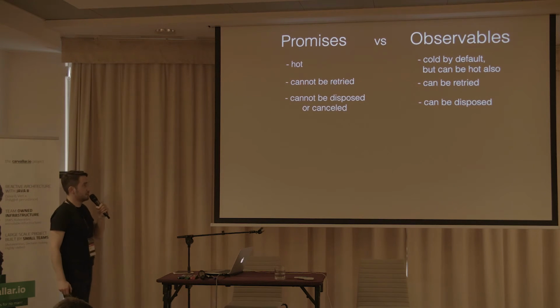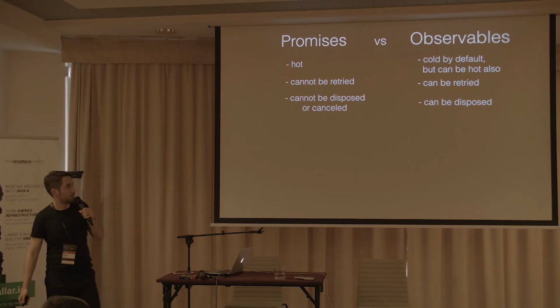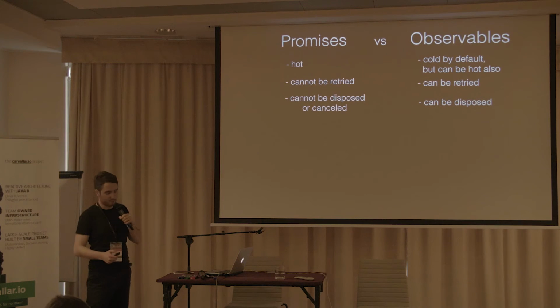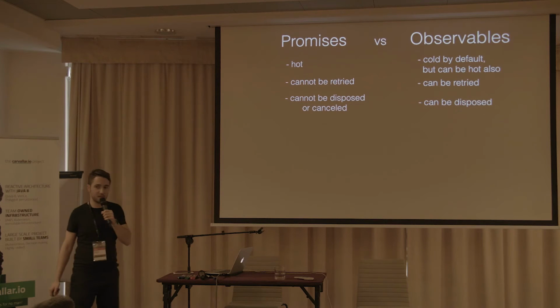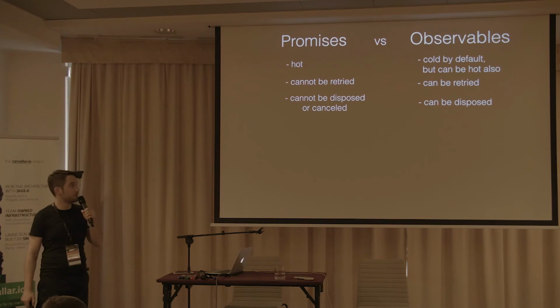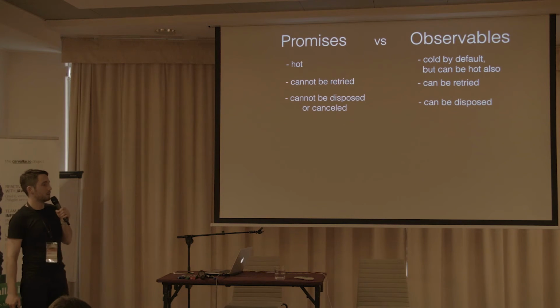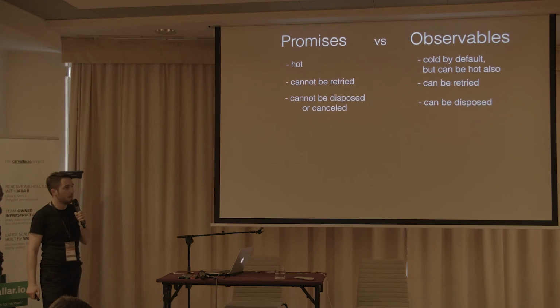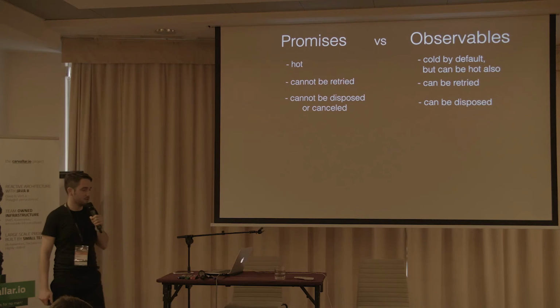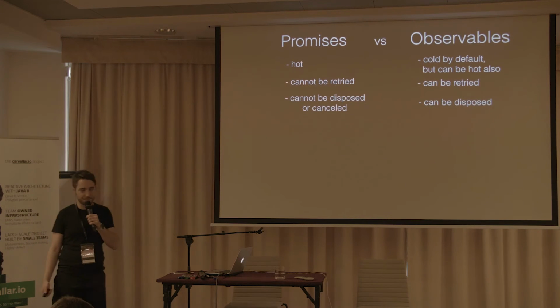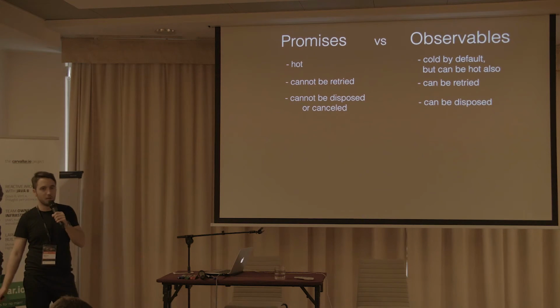Promises cannot be disposed or cancelled. So as I said, this is a consequence of promises being hot. When they start executing, they have to execute to the very end. Observables can be disposed. Actually, calling subscribe on an observable returns a reference to a function that when called gets rid of the observable, emits the done event, and basically all the resources are freed up.